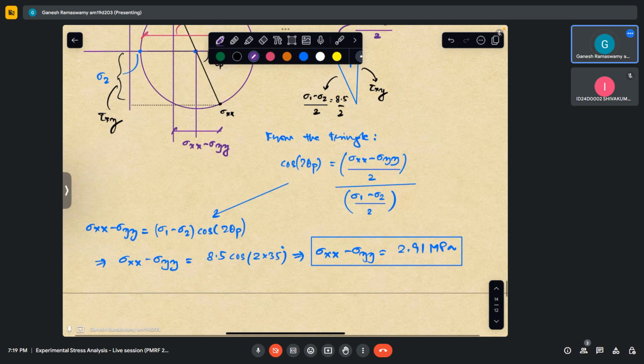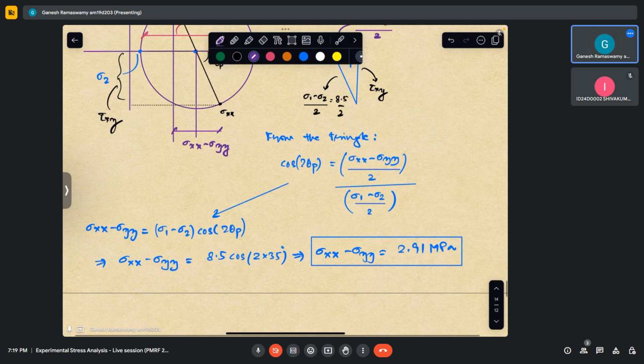From the triangle, sine 2 theta p is nothing but the opposite side upon the hypotenuse, or tau xy can be written as sigma 1 minus sigma 2 by 2 into sine 2 theta p.